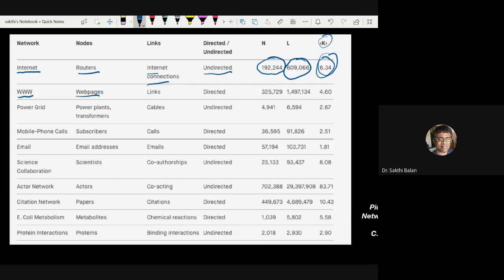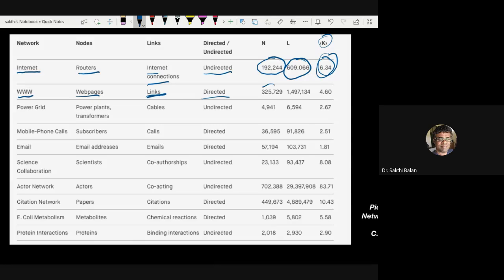And of course the links are the edges. So from which page to which page you are linking, that is the edge that you are talking about. And here it is a directed one, because the link might be present from one web page to another web page, but that web page will not have the same link going back to the web page where it came from. So it has to be directed.